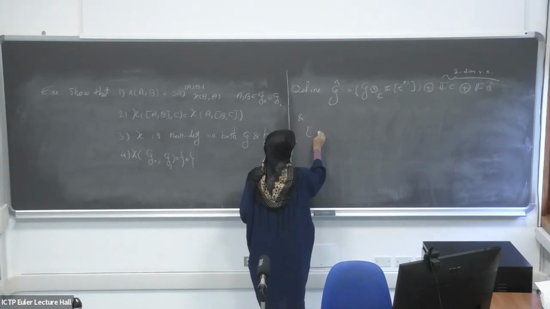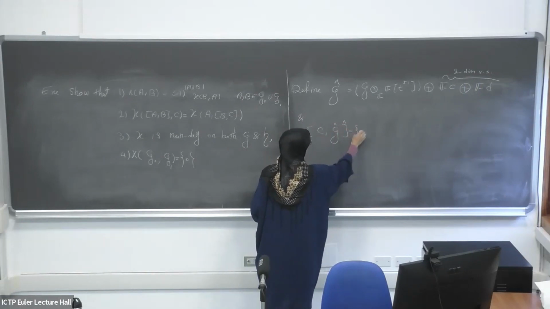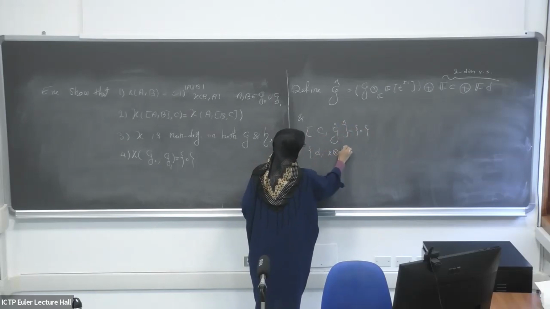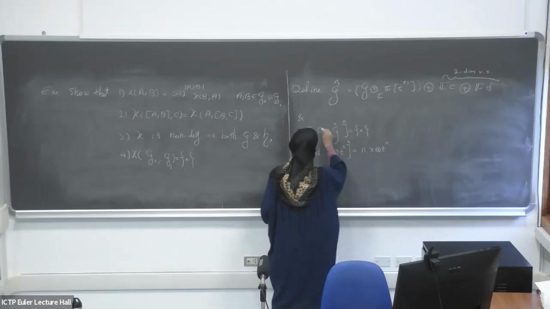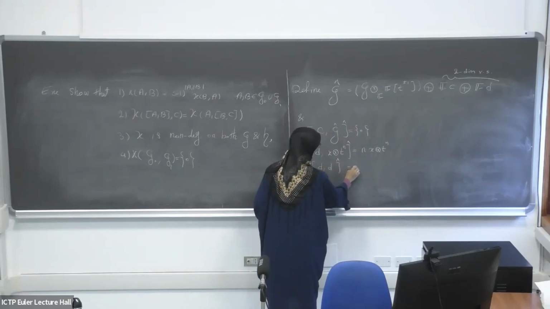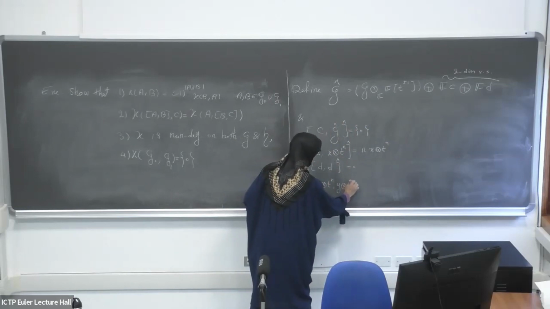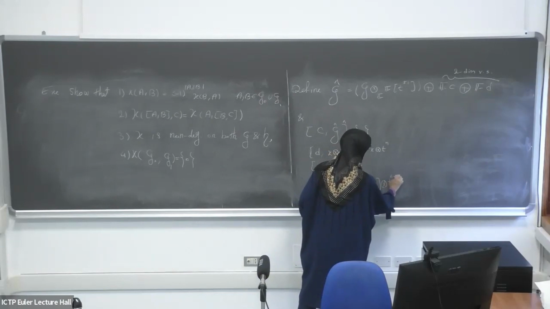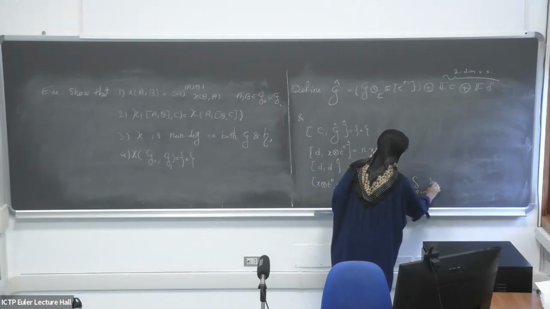And the bracket of c with G hat is 0, the bracket of d with x tensor t^n is n x tensor t^n, the bracket of c with d is 0, and the bracket of x tensor t^n and y tensor t^m is the bracket of x,y tensor t^(n+m) plus n delta(n+m,0) kappa(x,y) c.